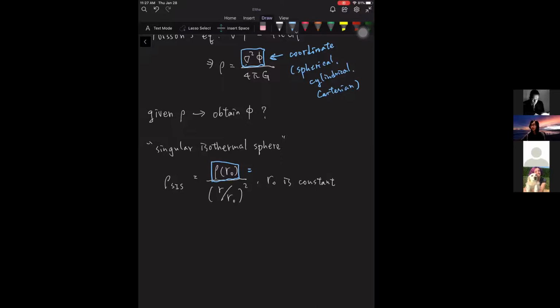So the spherical density distribution is VH squared over 4 pi G R.